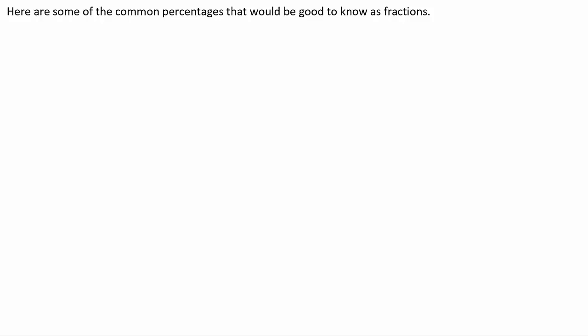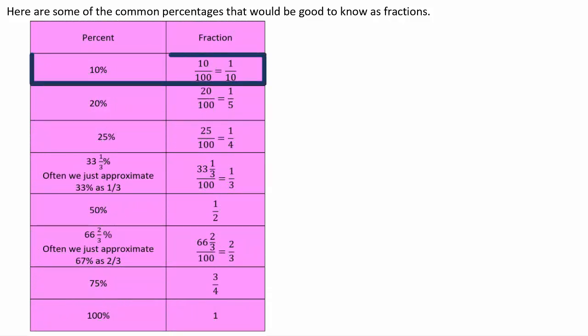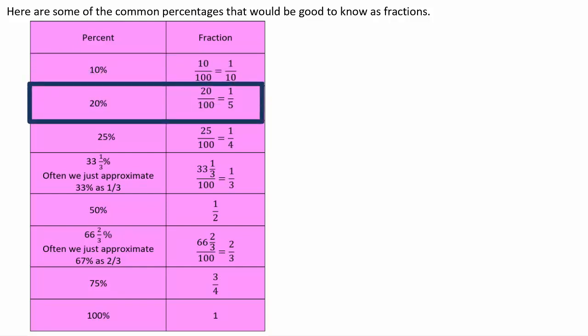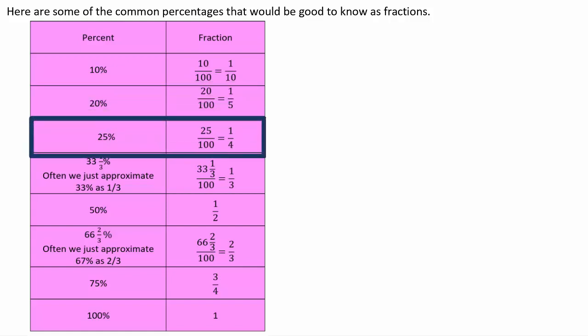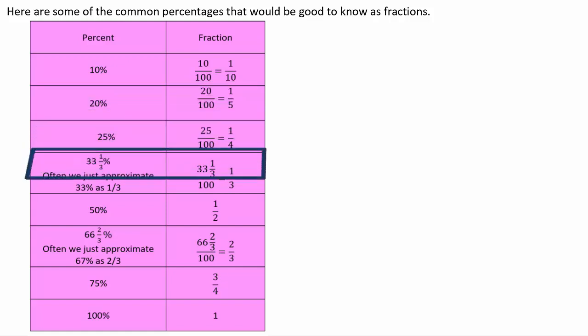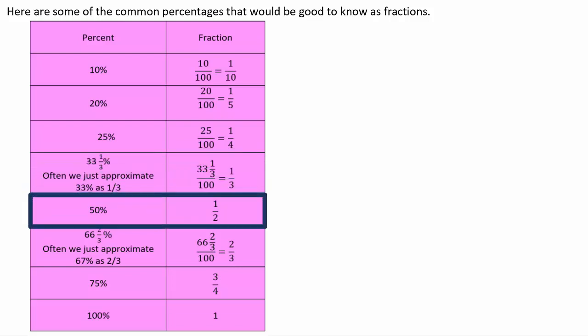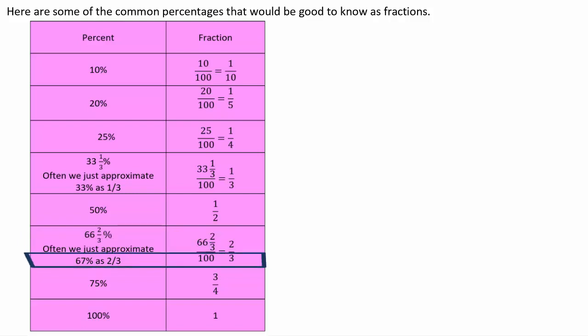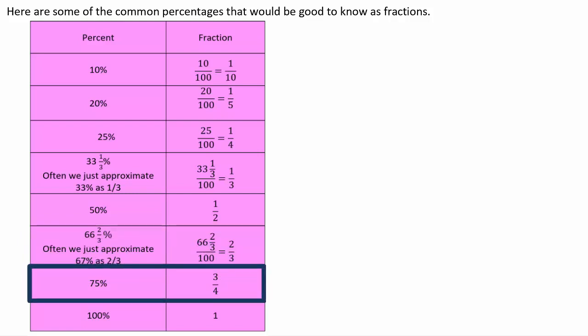Here are some common percentages that would be good to know as fractions. 10% is 1/10. 20% is 1/5. 25% is 1/4. 33 1/3%, or commonly rounded off to 33%, is 1/3. 50% is 1/2. 66 and 2/3%, or commonly rounded off to just 67%, is 2/3. 75% is 3/4.